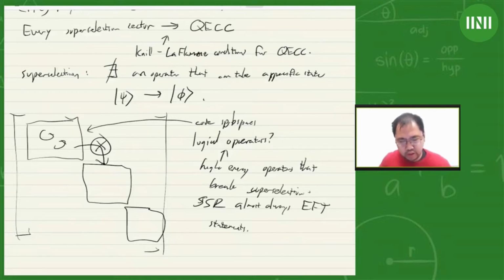A good example to keep in mind is QCD. One of the reasons why I started thinking about superselection first is in order to make progress on this confinement-deconfinement question. In QCD, if I'm in the phase where my quarks have hadronized into protons and neutrons, then there do not exist low energy operators that can exchange a quark that's in one proton with a quark that's in another proton.